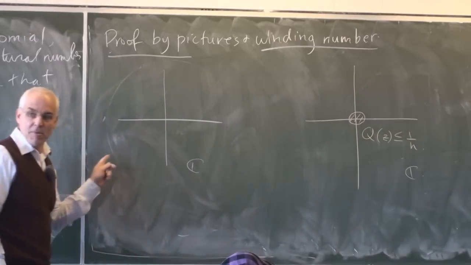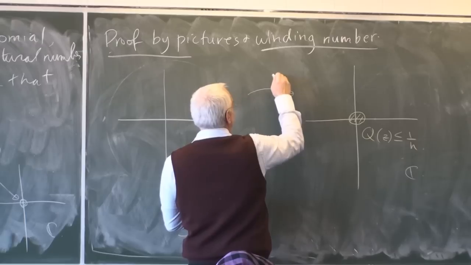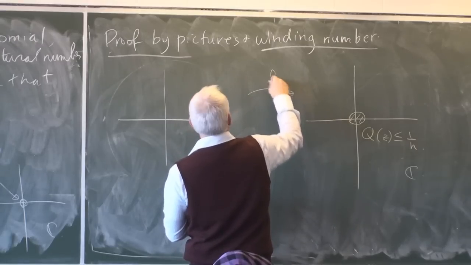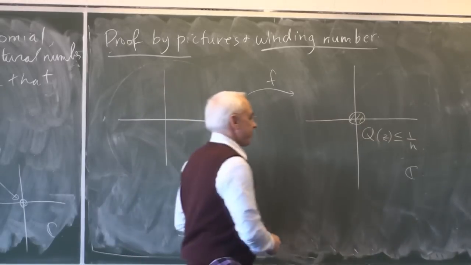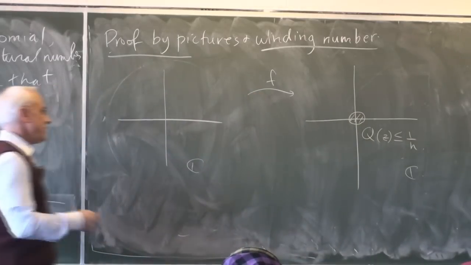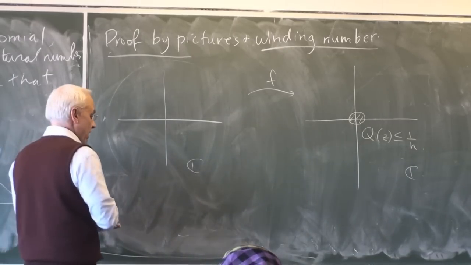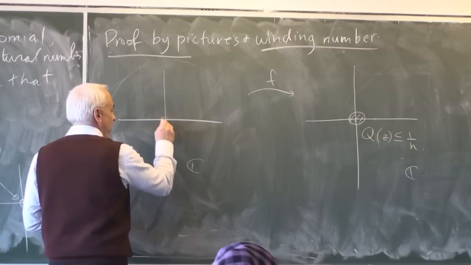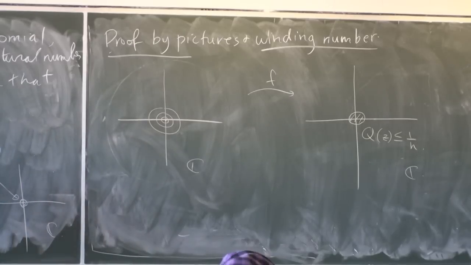We want to find some complex number over here, which under the transformation f is sent into this circle, into this disk. Okay, so what we do is we start by looking at circles. We're going to look at circles over here. It's all happening about circles.